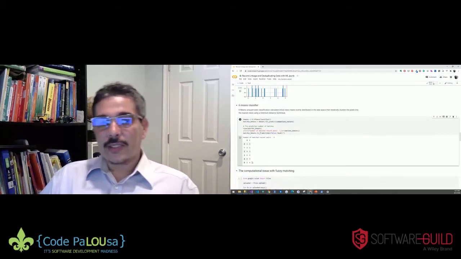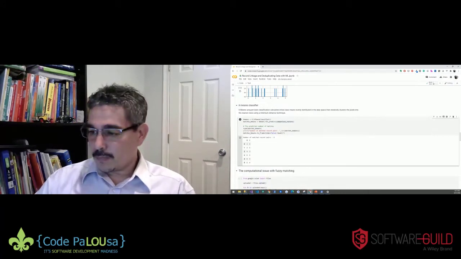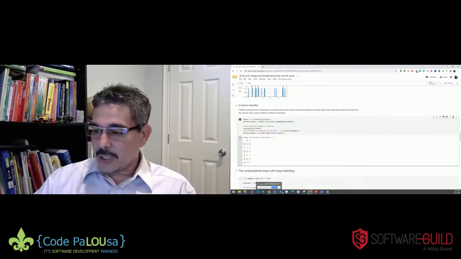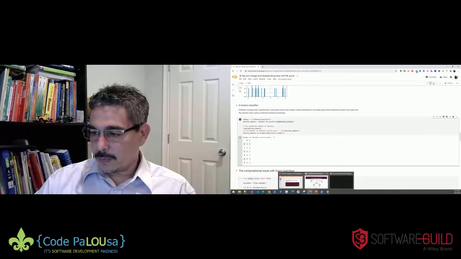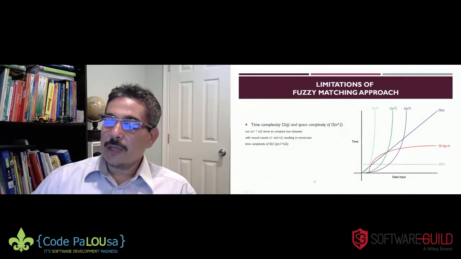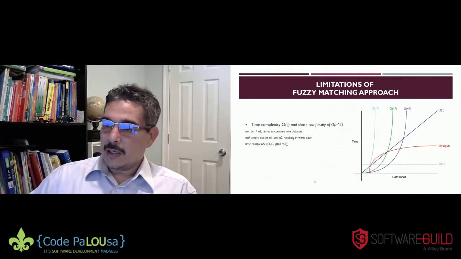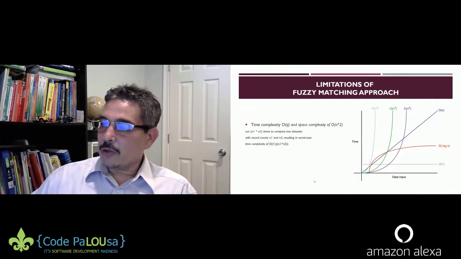Okay, so now we understand what fuzzy matching is and everything. But the problem is, fuzzy matching is really an issue. So what's the issue with fuzzy matching? It's the limitation of fuzzy. We see that we are using the Jaro-Winkler algorithm and the Levenshtein algorithm.